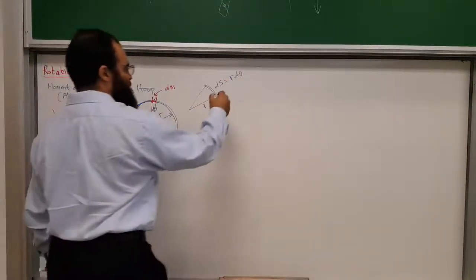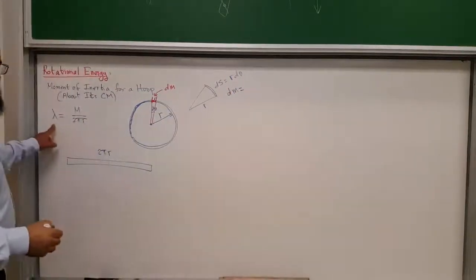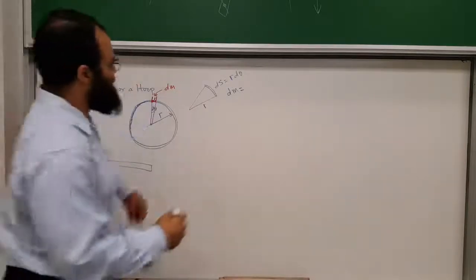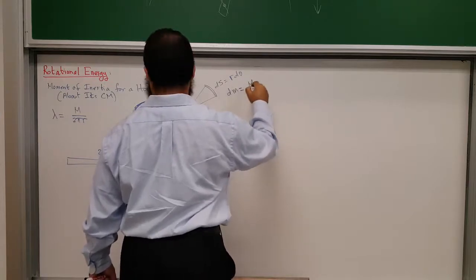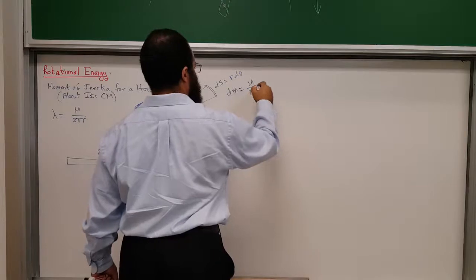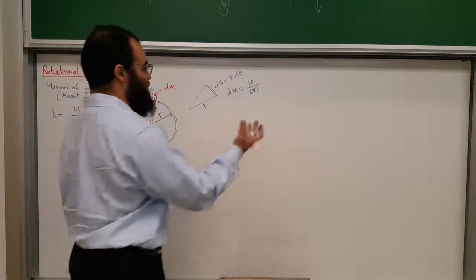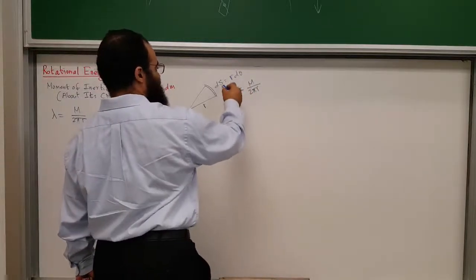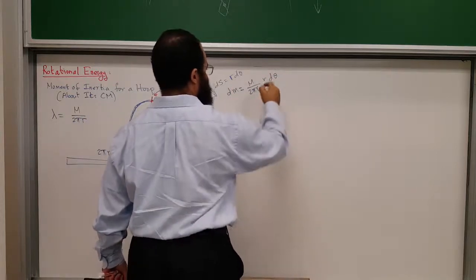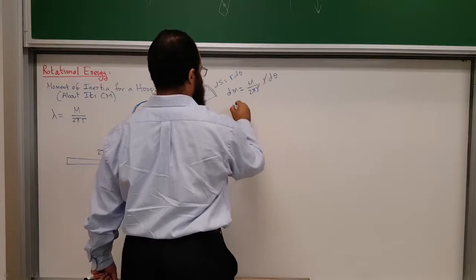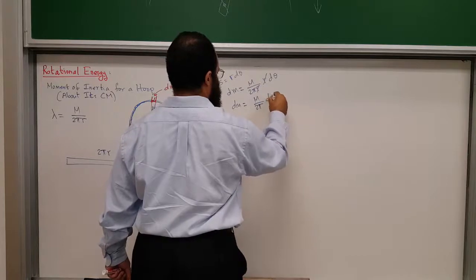So the dm will be lambda times the length of this arc. Lambda is m over 2 pi r, the mass per unit of length, per centimeter or per inch, times the length itself, which is ds, which is r times d theta. So you can see here, r cancels. So dm will be m over 2 pi d theta.